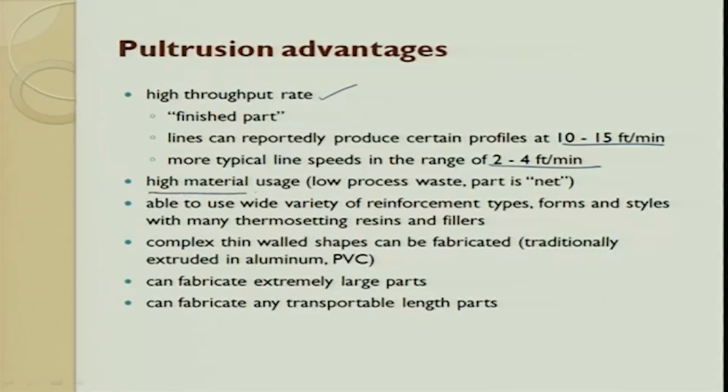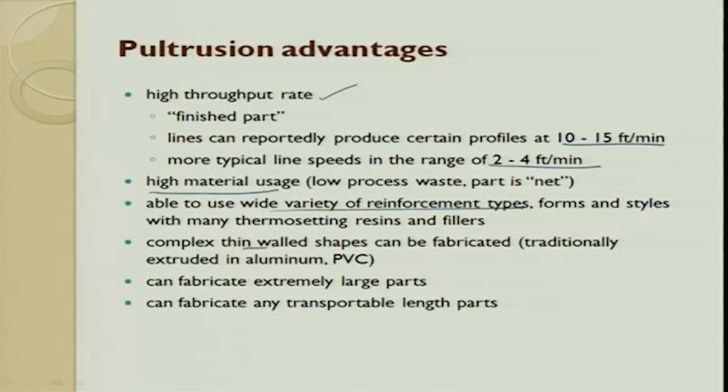It has high material usage, which means less scrap is produced, and whatever you produce here is the final product. There is no secondary process done on it. You can do it with a variety of reinforcement types, depending upon the form, style, thermoset, everything.